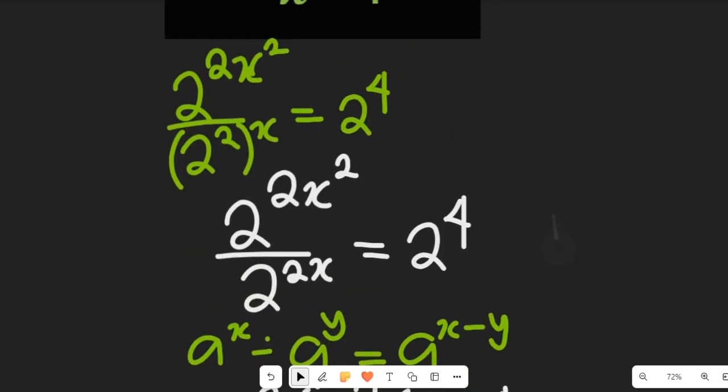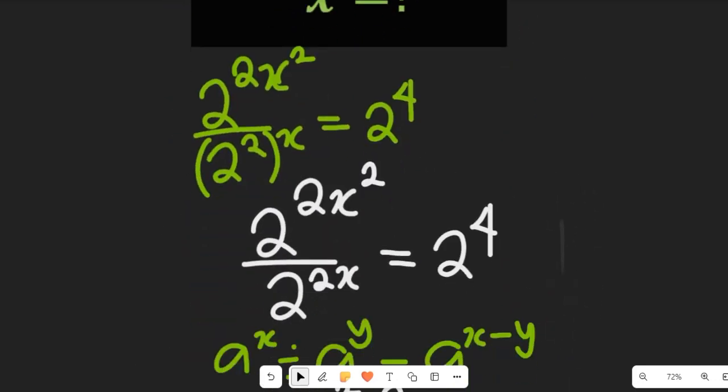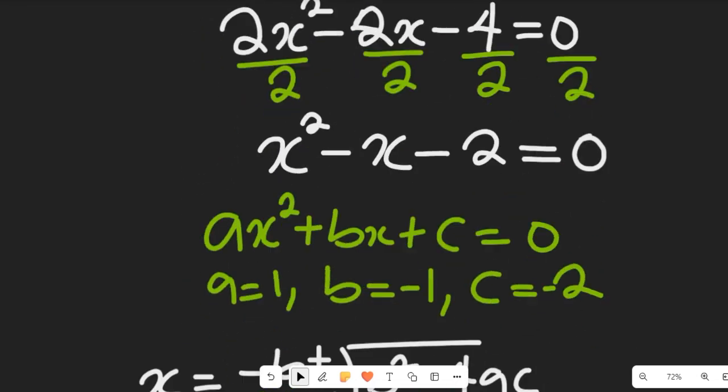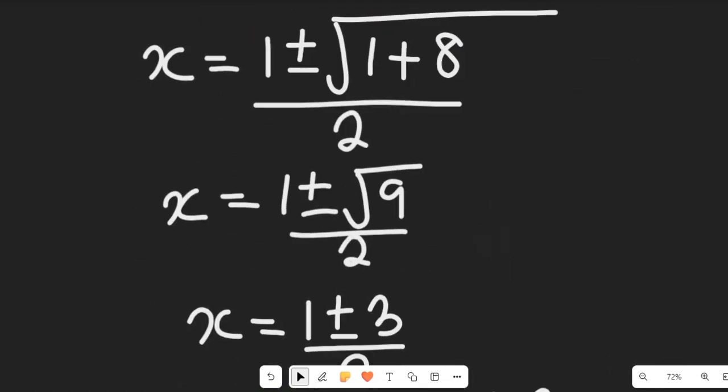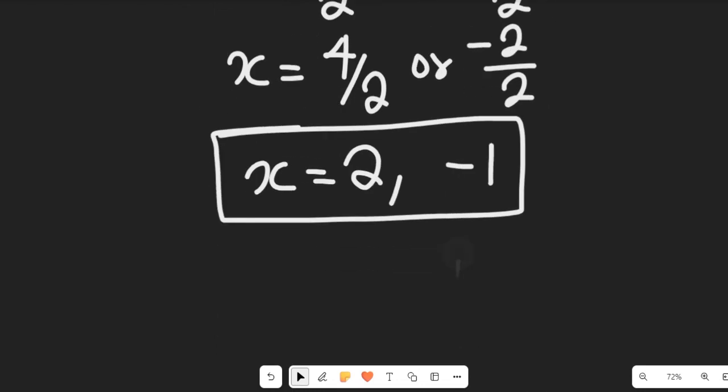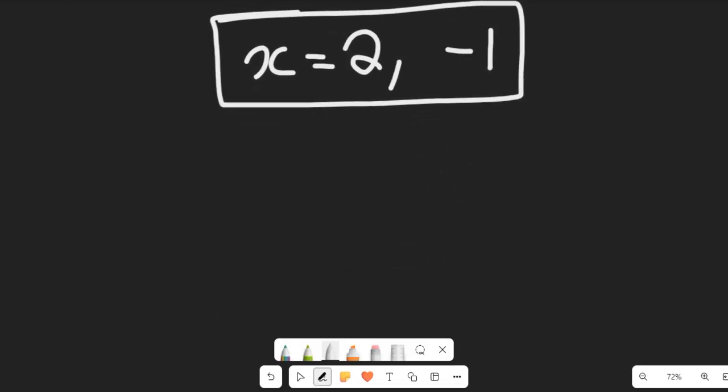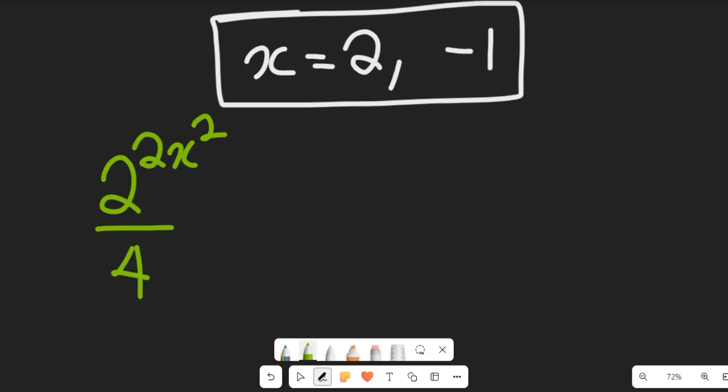Now we're going to check to see if our solution is absolutely correct. Now let's check using the two solutions we are given. To check, we are given that 2 to the power of 2x squared divided by 4 to the power of x is equal to 16.